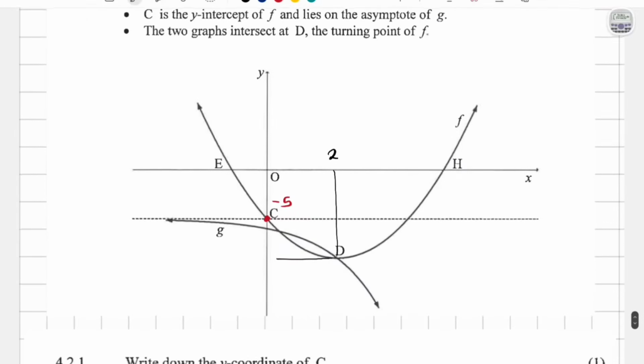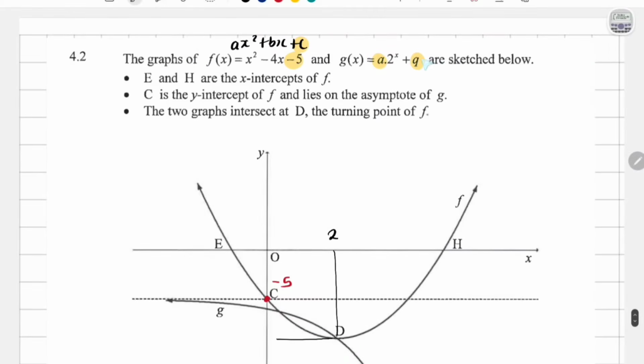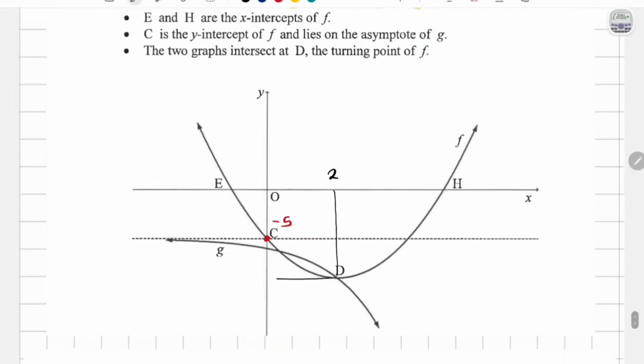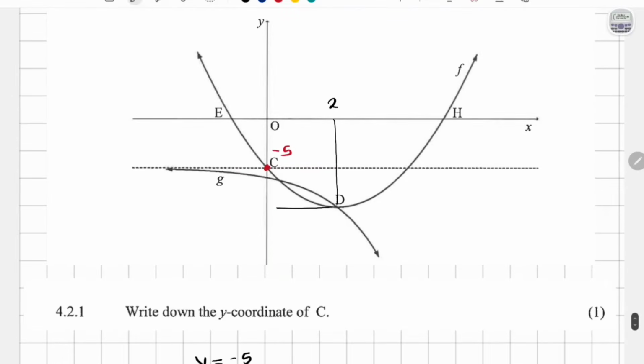So to find q, well, they told us something very important about that. They specifically said that c, that y-intercept that lies on f, also lies on the asymptote of g. That is a very important piece of information. Because this point (0, -5) lies on g, its y value is negative 5.